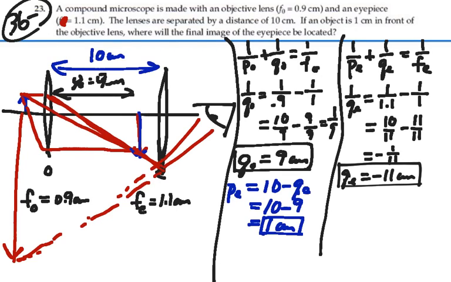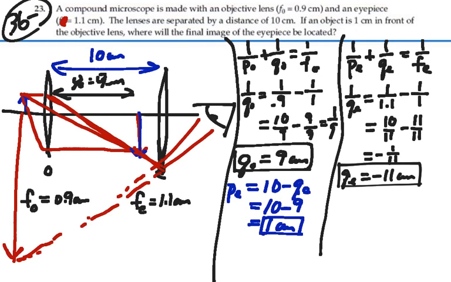That would be the location of the image from the eyepiece. A negative 11 centimeters. The negative means it's not on the side of the outgoing rays, the rays that are actually hitting our eye. It is before that side, so it's on the same side as the incoming rays, and hence it's before the lens by 11 centimeters, which would actually be 1 centimeter in front of the objective lens.